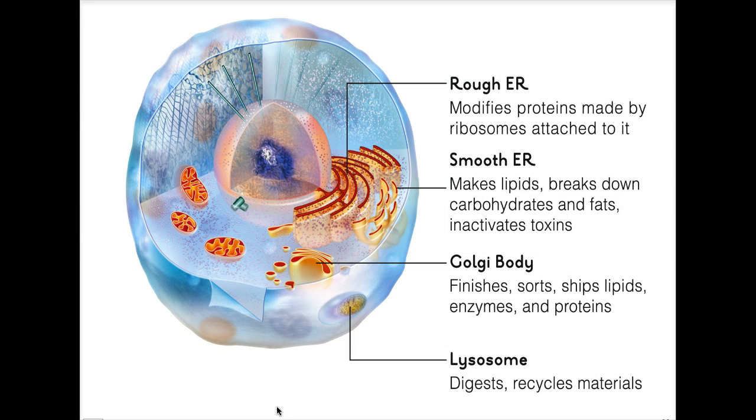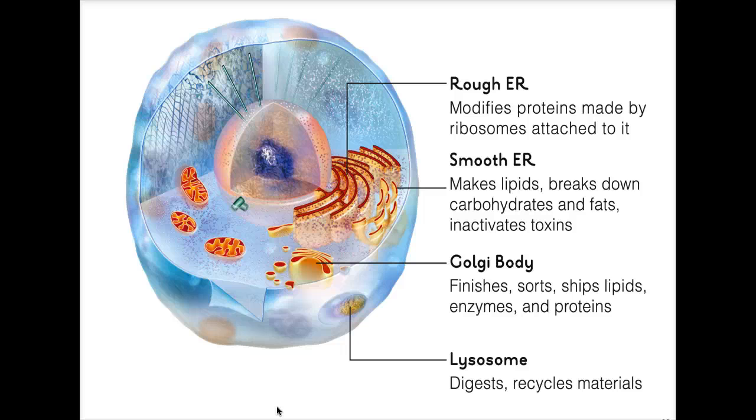So to summarize, part of the endomembranal system is the rough ER, which has ribosomes attached to its surface, which enables polypeptides or proteins to be made. And as those are made, they are fed through the rough ER and continue into the smooth ER, where they can be modified.